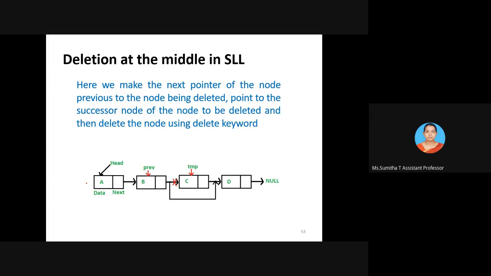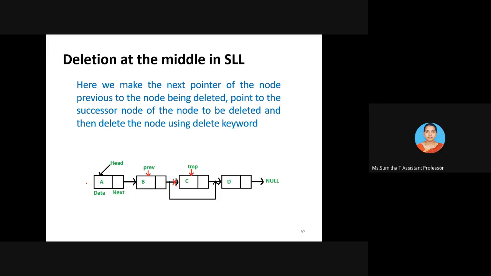So you can come forward and explain what is the process, how we can delete the middle element or specified position in the singly linked list. How can we do it? Anyone?